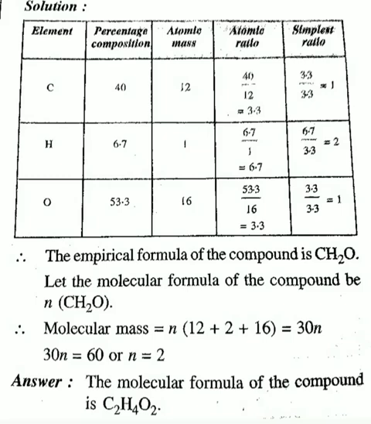That n equals 2. Okay, so now the molecular formula is (CH2O) to the n, that means n equals 2. That means C2H4O2. Okay. So like this you have to calculate the empirical formula and molecular formula. Thank you.